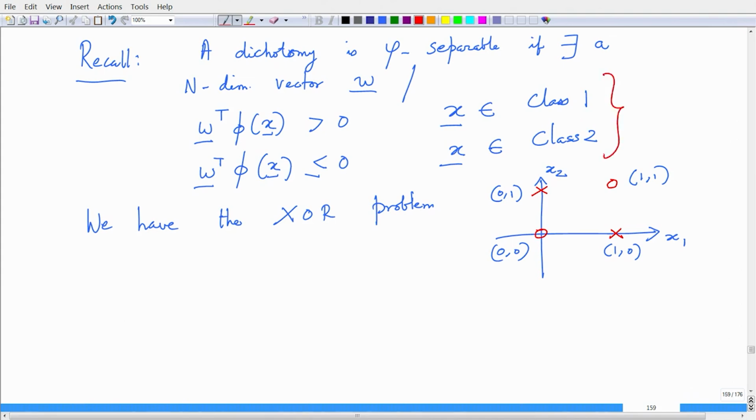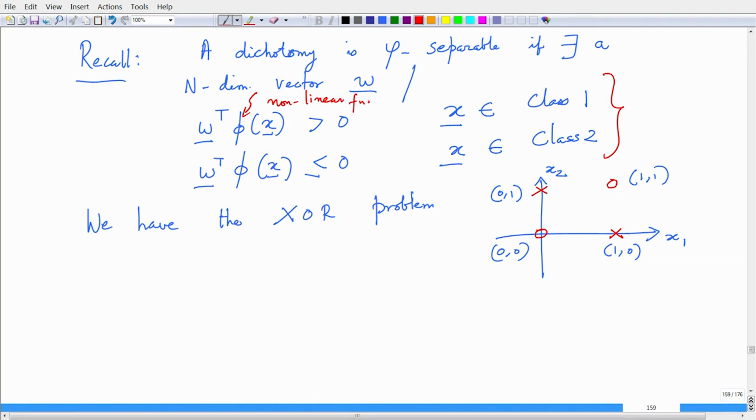So, in the perceptron this phi was not there, and we just had W transpose x greater than 0 for class 1 and W transpose x less than or equal to 0 for x belonging to class 2, but we can bring in a dichotomy that is phi separable by involving this nonlinear function phi, right, because we are now acting in the feature space.